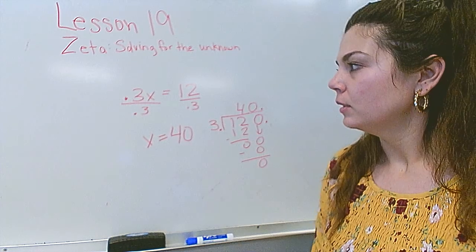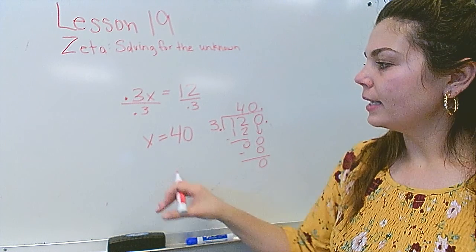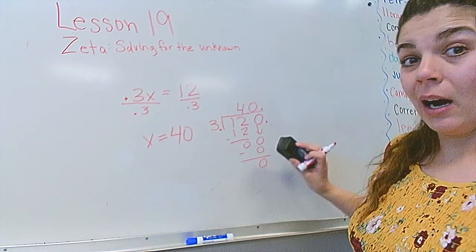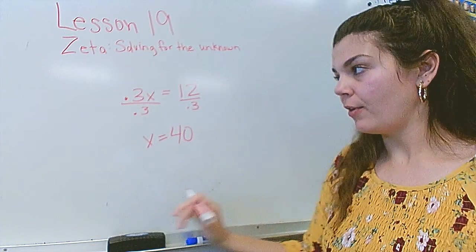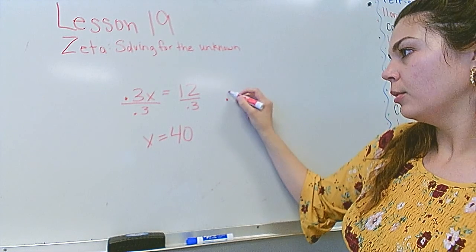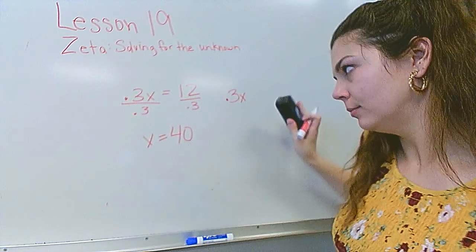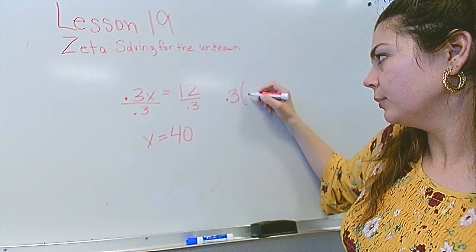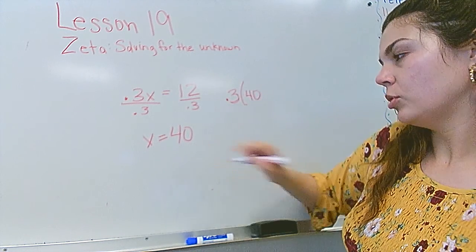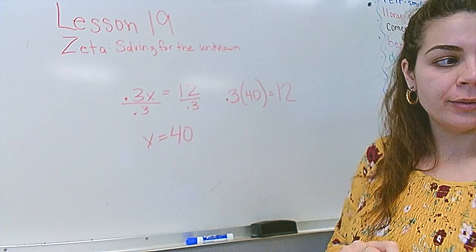Alright? So 0.3x equals 12. We've got x equals 40. Now I'm going to check it. I check it by plugging it in like we've always done. So I plug in 0.3 times 40, solid 40, equals 12.